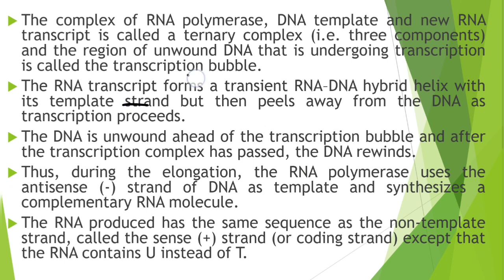Then the RNA transcript forms a transient DNA-RNA hybrid helix with its template strand, but then peels away from the DNA as transcription proceeds. The DNA is unwound ahead of the transcription bubble, and after the transcription has passed, the DNA rewinds. Thus, during elongation, RNA polymerase uses the antisense strand as template and synthesizes a complementary RNA molecule.